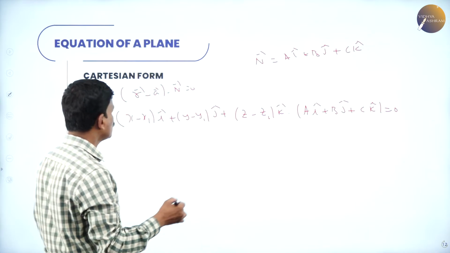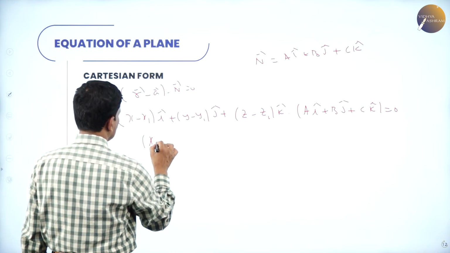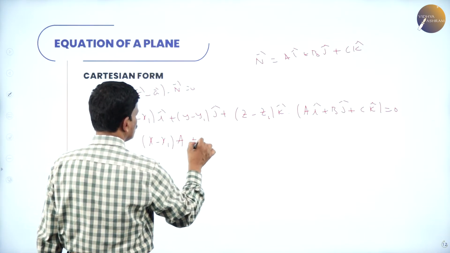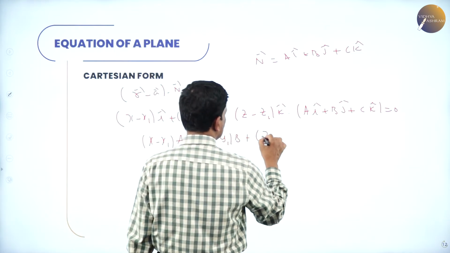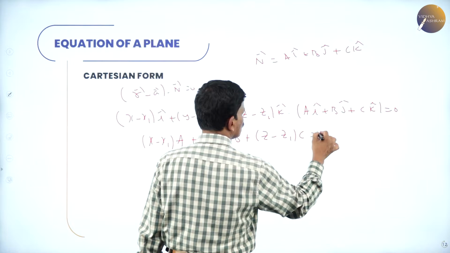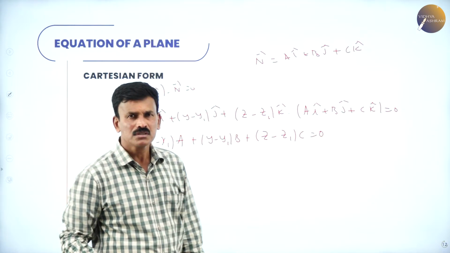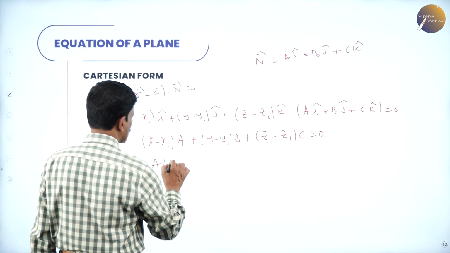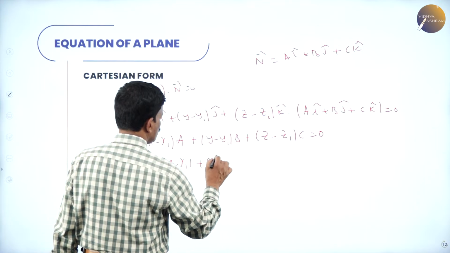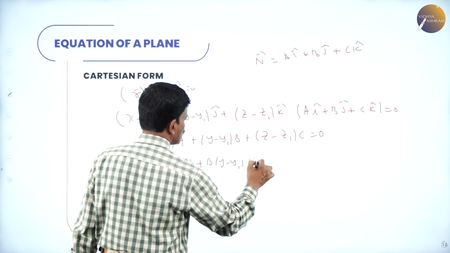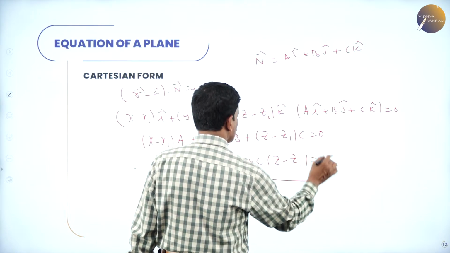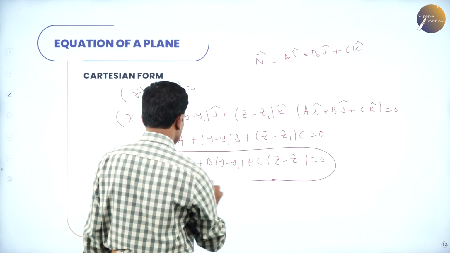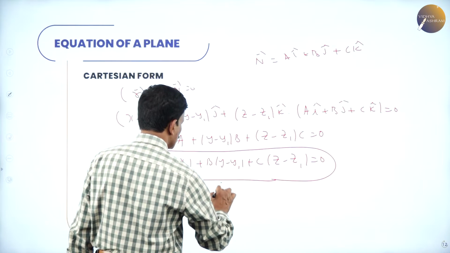Now just take the dot product of these two. So what you will get? (x minus x1) into a plus (y minus y1) into b plus (z minus z1) into c is equal to 0. That's it. So therefore, a(x minus x1) plus b(y minus y1) plus c(z minus z1) equal to 0 is the Cartesian equation of the plane.